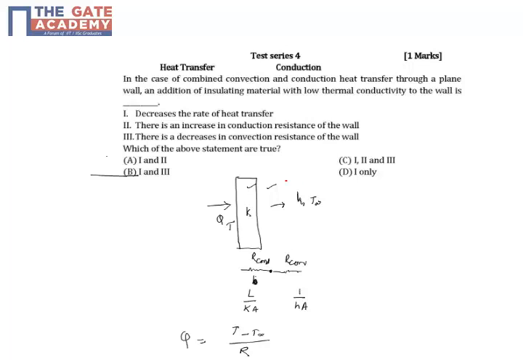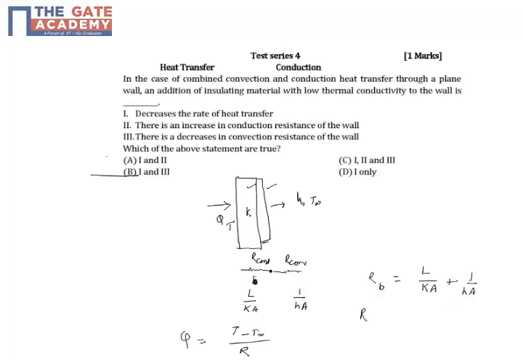Now if I add another layer, there will be another conduction resistance. The resistance before is L by KA plus 1 by hA.